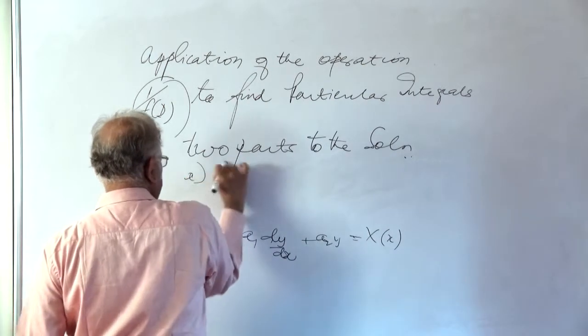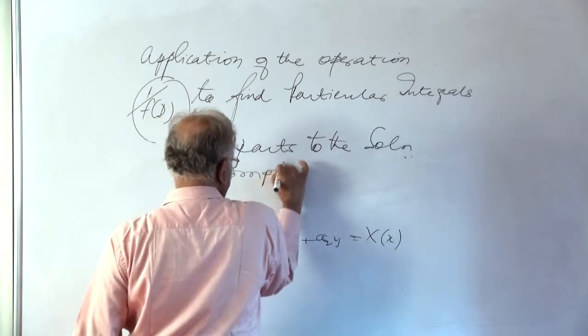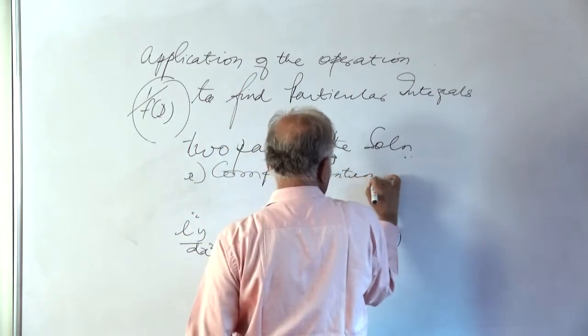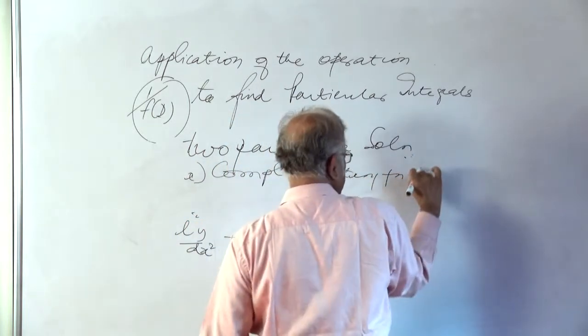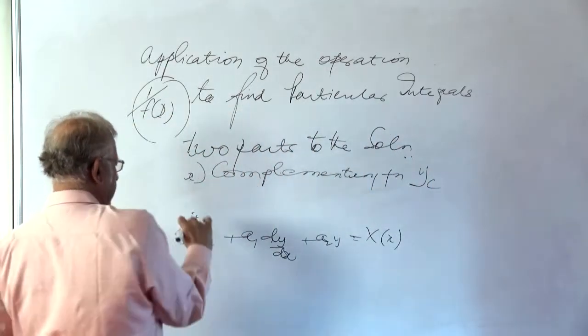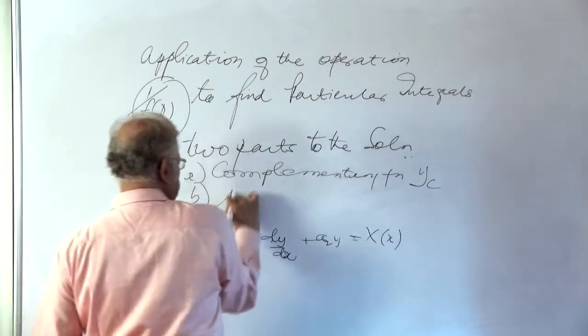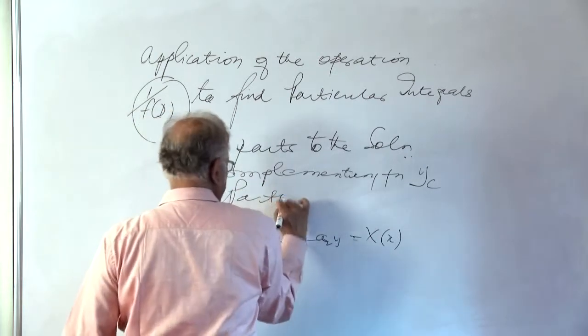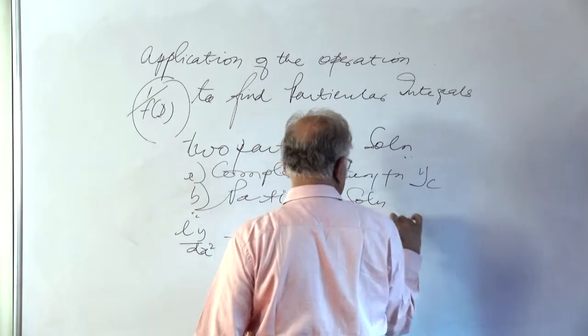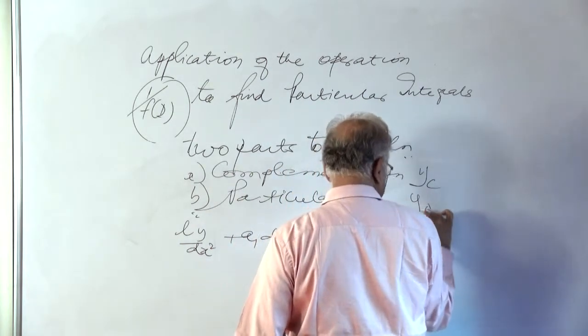The first part is called the complementary function, denoted as y sub c, and the second part is called the particular solution, denoted by y sub p.